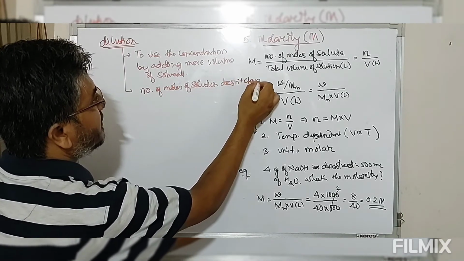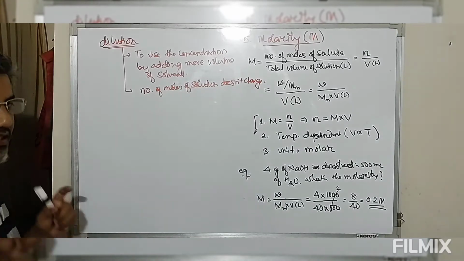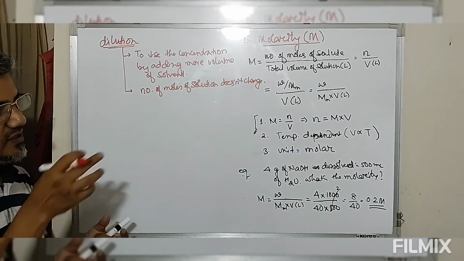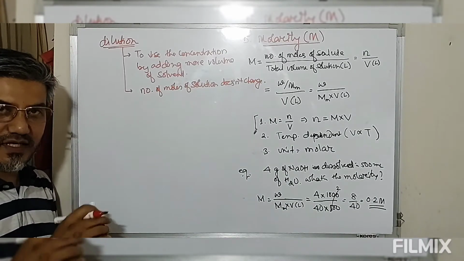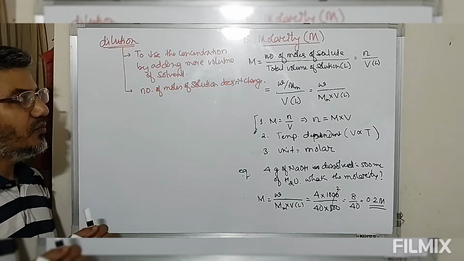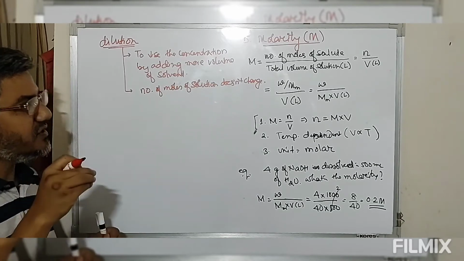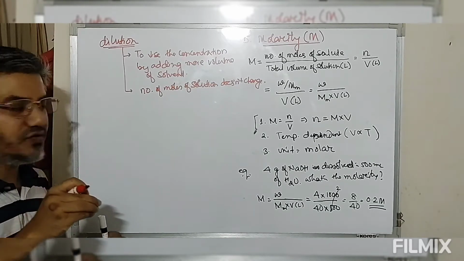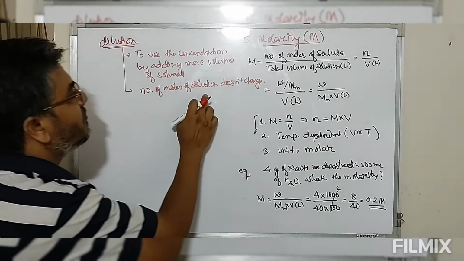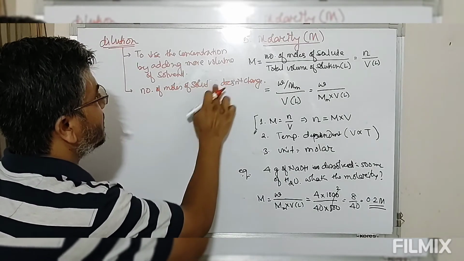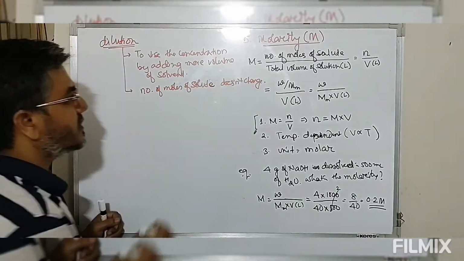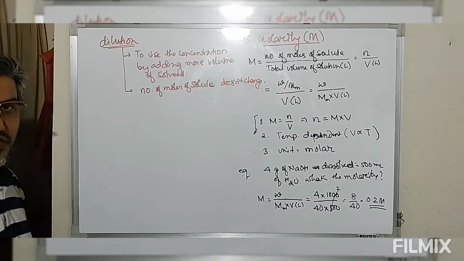During dilution, concentration changes because we are increasing the total volume of solution by adding extra volume of solvent. But since only the volume of solvent is increased without changing the quantity of solute, therefore the number of moles of solute present in the given solution does not change.